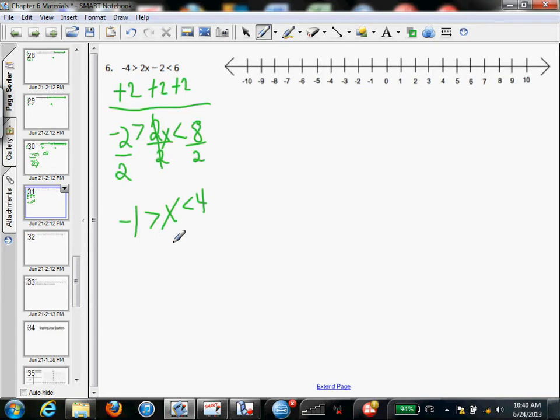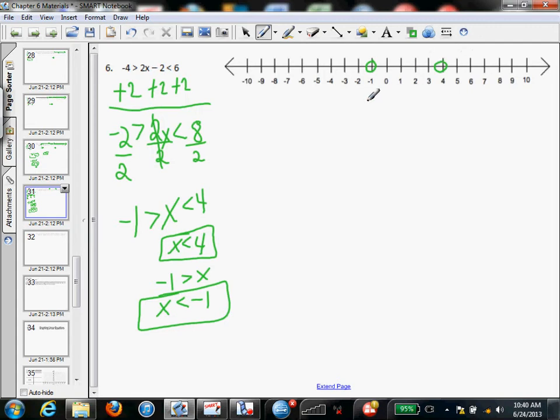Now let's break down our inequality of x is less than 4. That's where we're going to use the graph. And we have negative 1 is greater than x. To change that position, just write x on the left side and change the direction of the inequality. Since there are no equal to's found, we'll just put empty circles on negative 1 and 4.